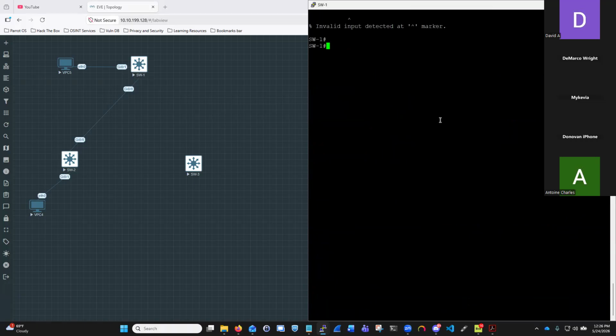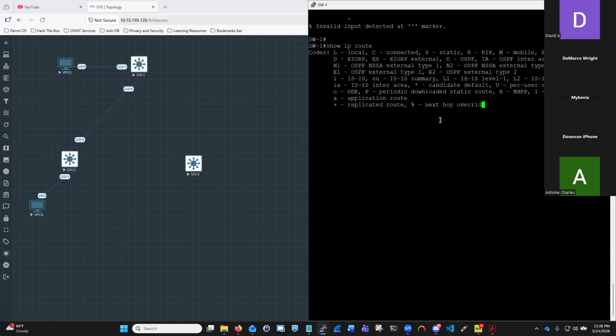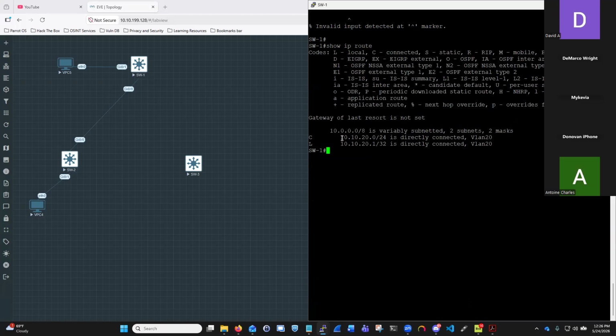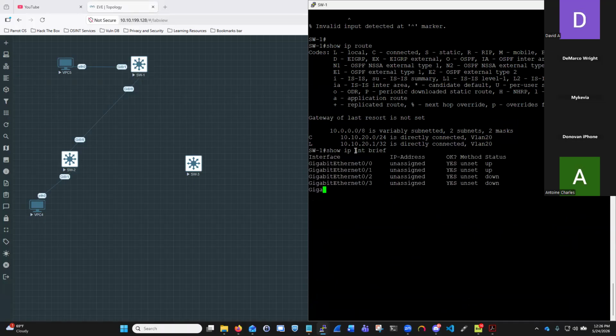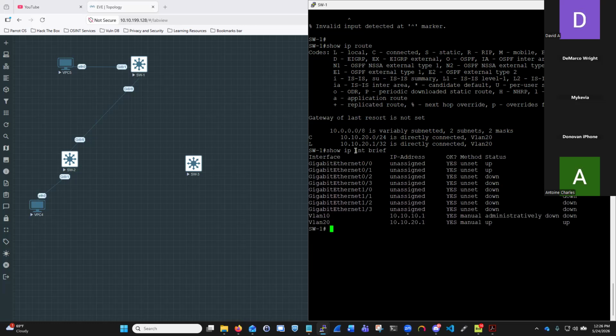There we go. Show IP route. Okay, so we got both networks here. There we go. Okay, that's our issue.